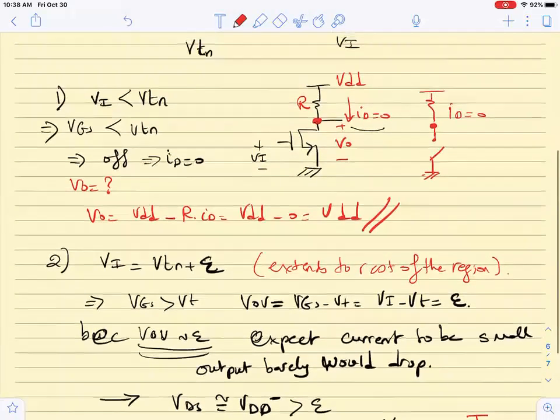Okay, in this case V out is equal to VDD.